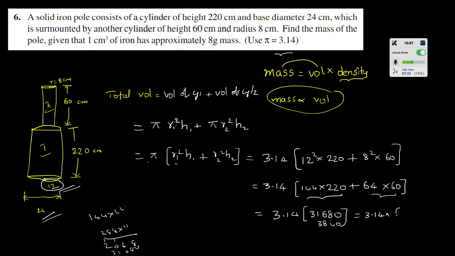So it will become 3.14 into 31680 plus 3840, which is 35520, into 3.14.